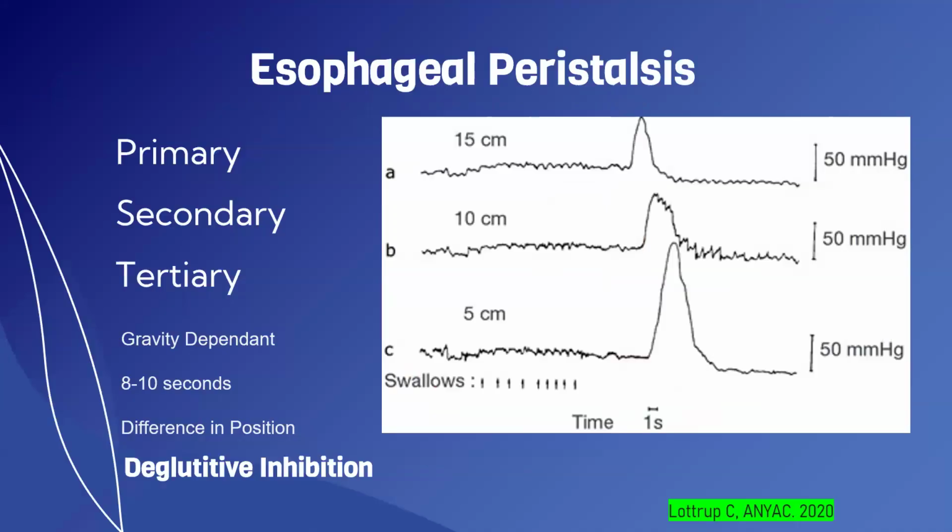So there are in total primary, secondary, and tertiary peristalsis, though tertiary is not used now. It was used in the earlier years. Primary peristalsis is defined as reflex esophageal peristaltic contraction wave which is associated with swallowing.